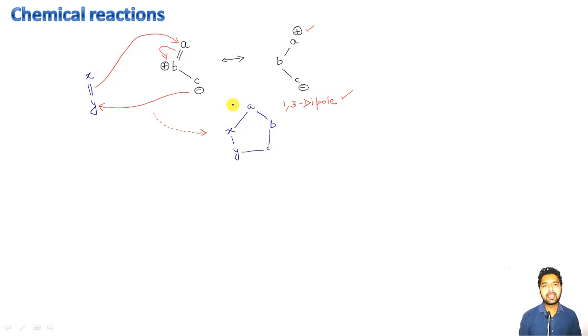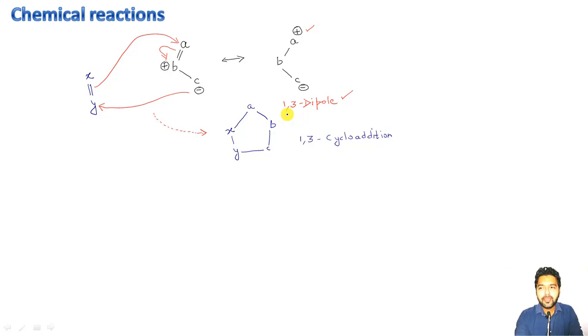The main thing to understand here is that the mechanism is concerted. What is meant by a concerted mechanism is that bond making and breaking occur simultaneously. Some bonds are being broken, some are being formed, and all of this happens at the same time. This whole reaction is a 1,3 cycloaddition type of reaction.